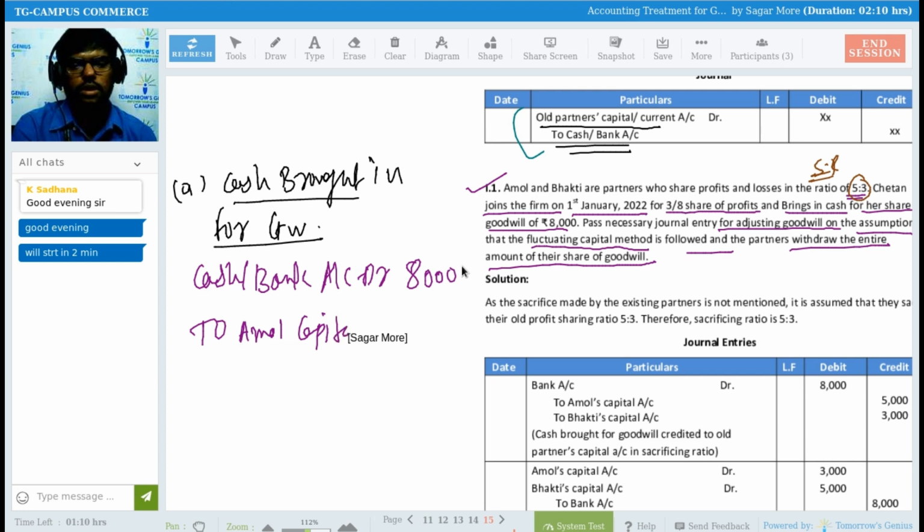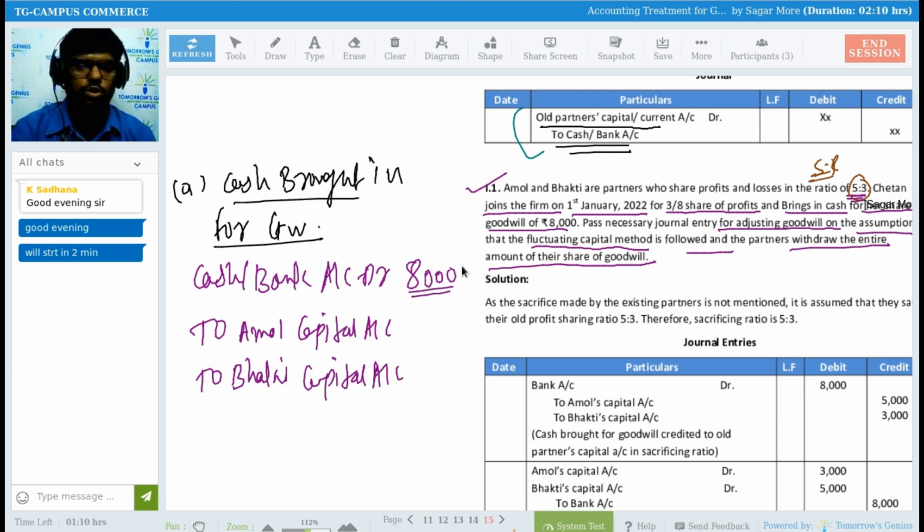Amol's capital account, and to Bhakti's capital account. Absolutely right. So these 8,000 rupees will be distributed in the ratio of the sacrifice ratio, that is 5 to 3. It will come to 5,000 and 3,000. Simple. So we pass this journal entry.